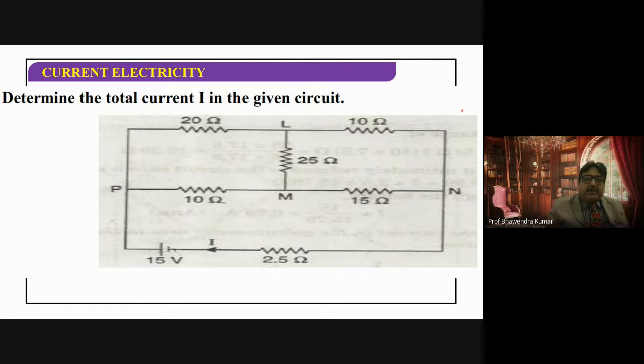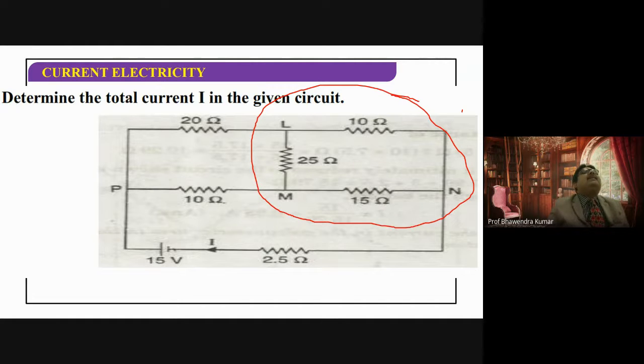But I can focus on this part of the circuit here. This is a delta. Do you see a delta here? Three resistors, L, M and N. So first we convert this delta into a star, right?